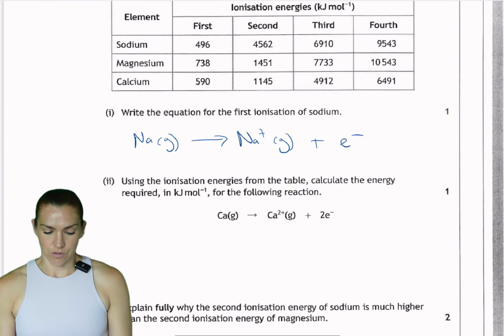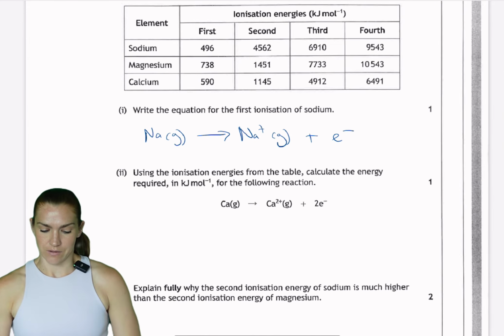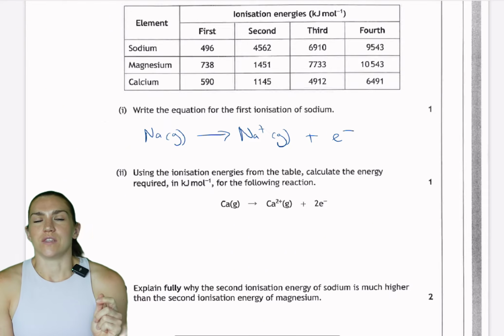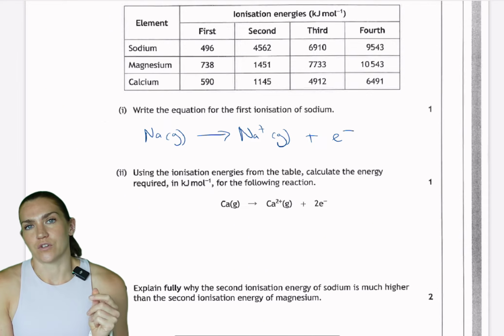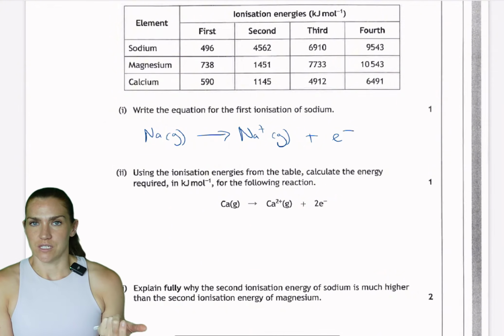So then question 2 is using the ionization energies from the table, calculate the energy required in kilojoules per mole for the following reaction. In these questions, what you have to do first of all is identify what ionizations are actually taking place.